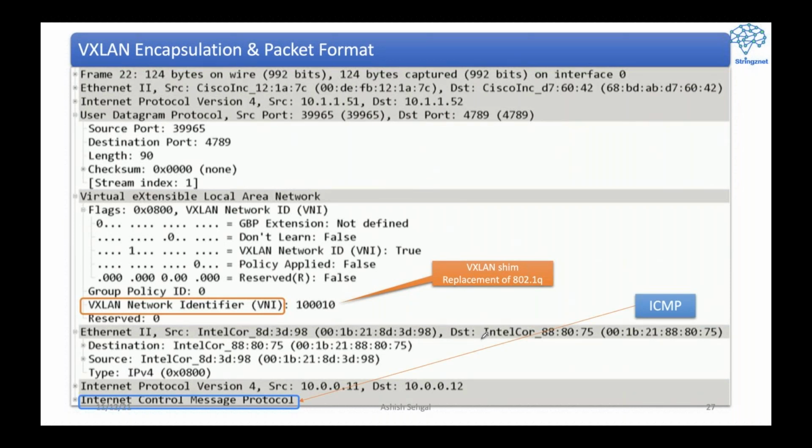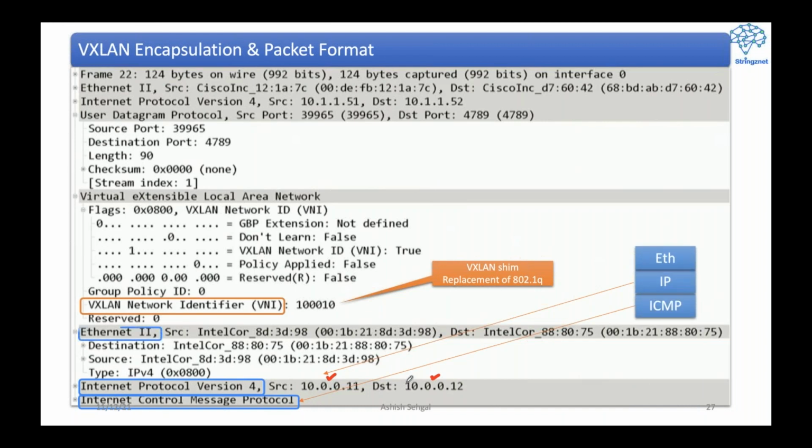So when you execute a ping, what do you see over here? You get to see a source and a destination. All right, then what? On top of this, there is an IP from a source and a destination.